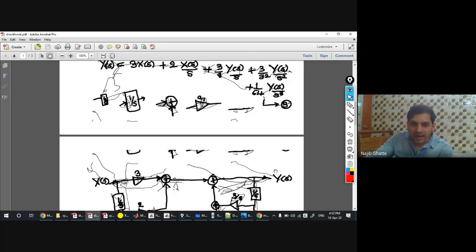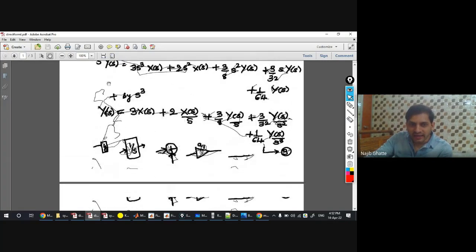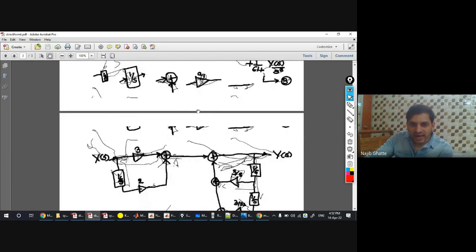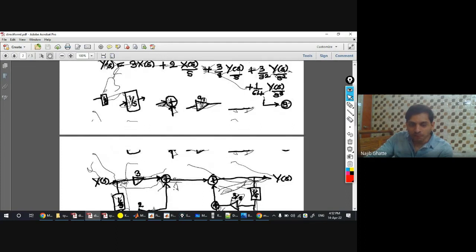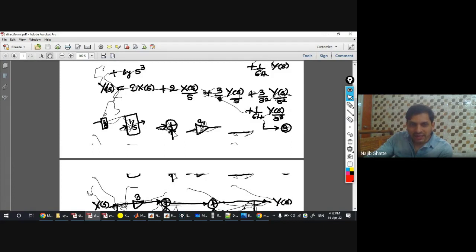And then I'll be writing the entire expression in the SFG form, signal flow graph format, wherein the output is y of s. So y of s is equal to x of s multiplied by 3.